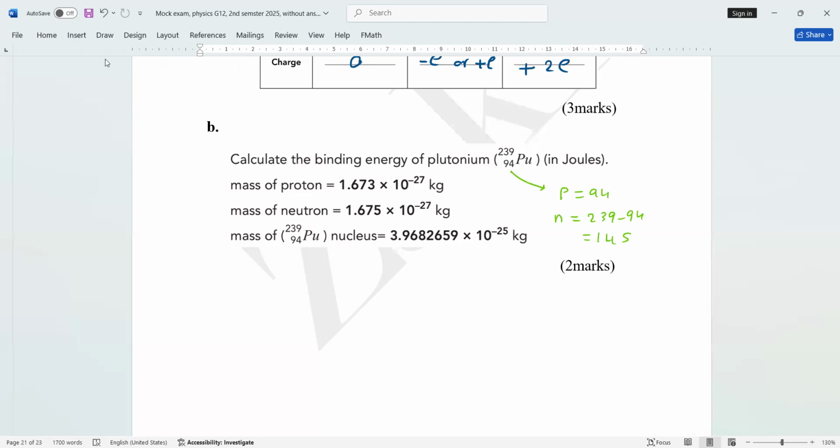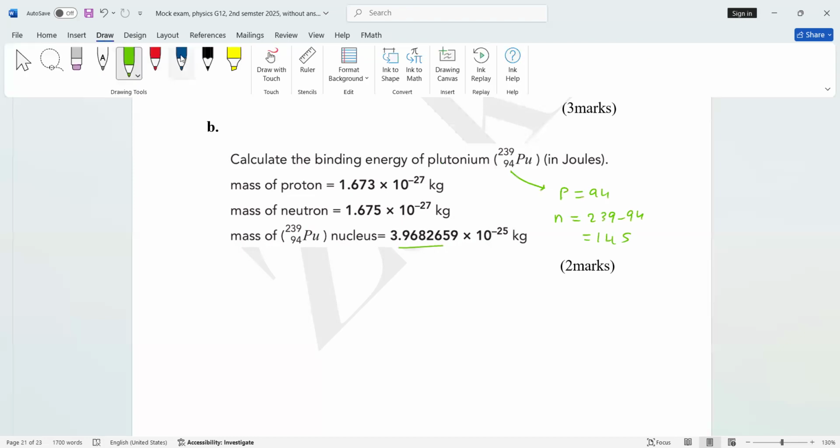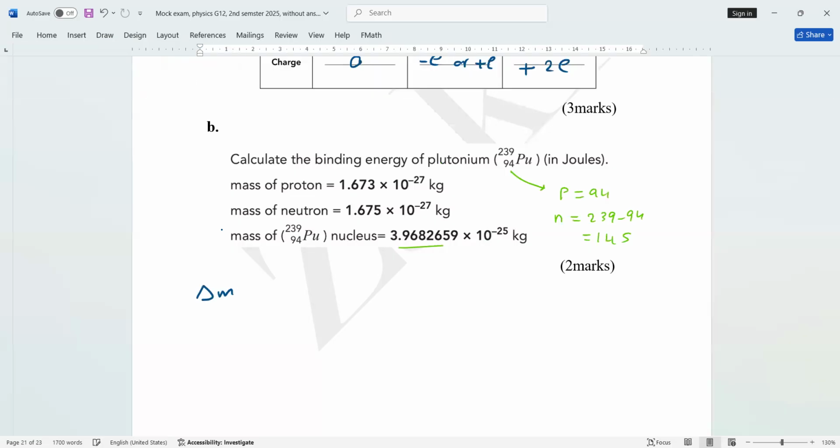This is the mass of the nucleus. Then delta M equals the mass of protons plus the mass of neutrons minus the mass of the nucleus itself.